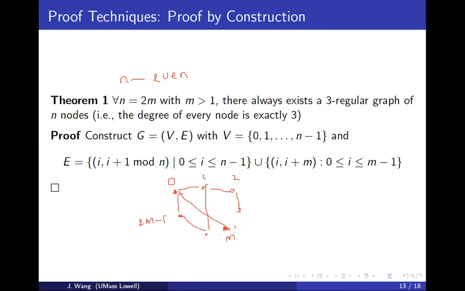As you can see here, this construction is doable. Maybe I can use a smaller number. So let me just say m is equal to 3. So we have, in this case, 6 vertices: 0, 1, 2, 3, 4, 5.